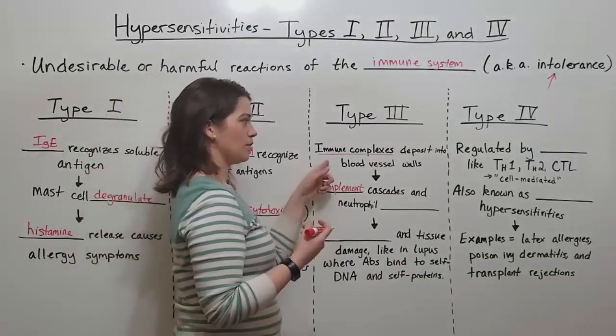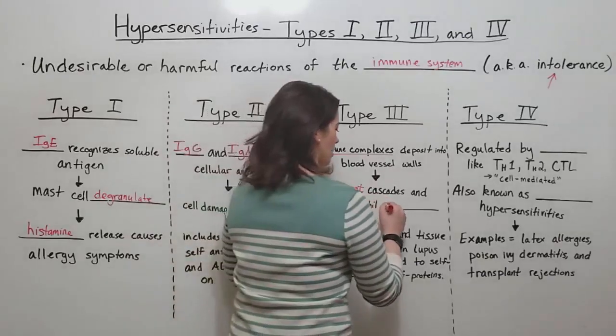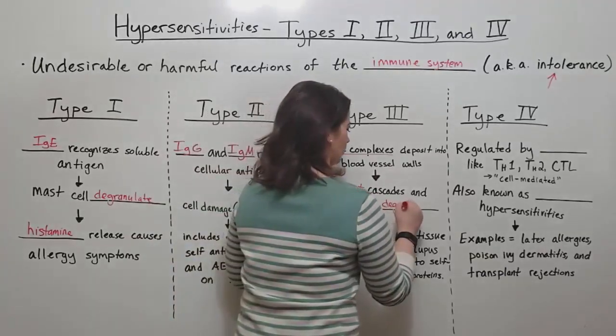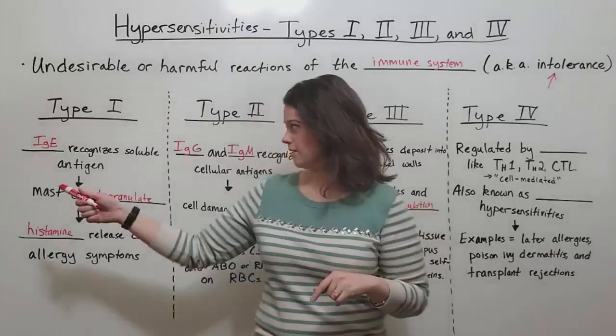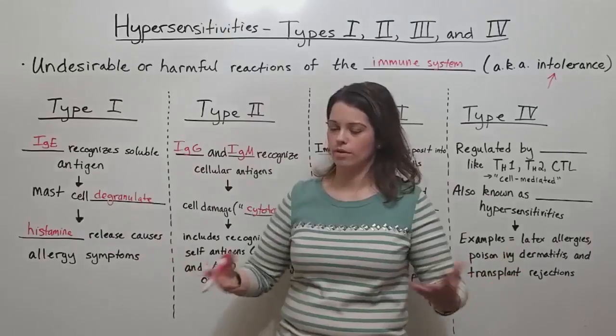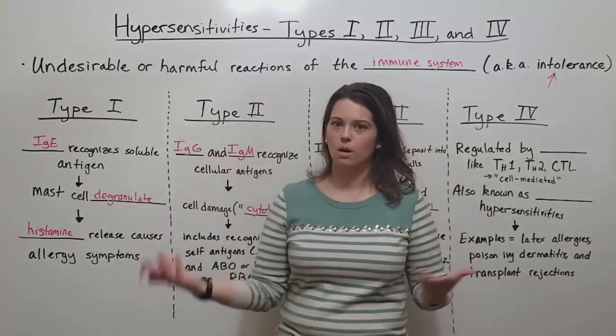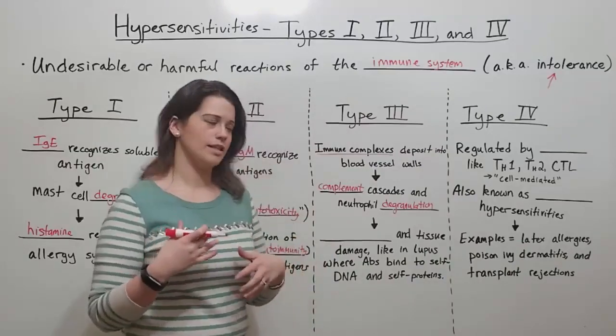Something else that happens when these immune complexes deposit into blood vessel walls is neutrophil degranulation. We had previously mentioned in type 1 hypersensitivities with mast cells degranulating that means they just spill forth and sort of secrete all of these components that are held inside the cells.